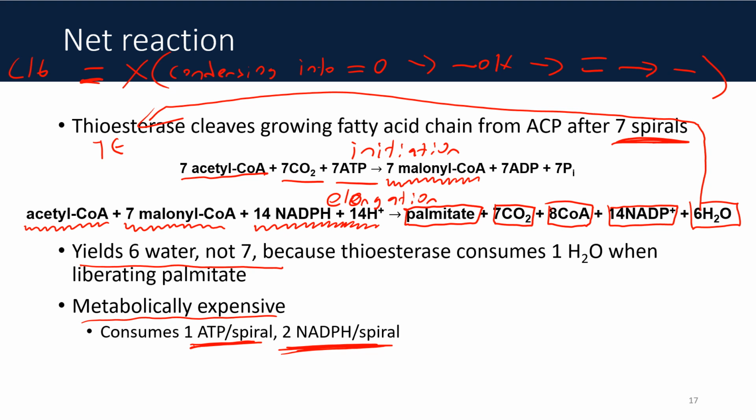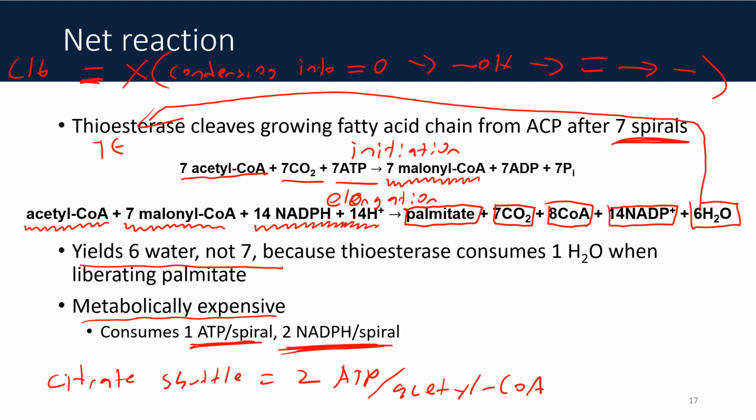And don't forget the cost of the citrate shuttle that we had to employ to get the acetyl-CoA into the cytosol. The citrate shuttle is worth 2 ATPs for citrate, which gets converted to acetyl-CoA.